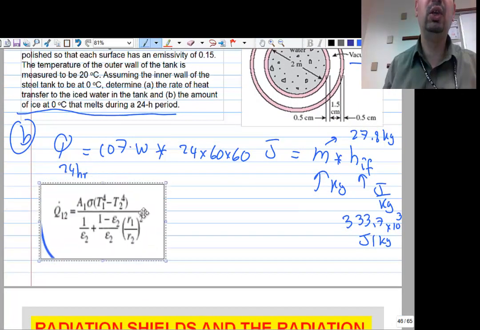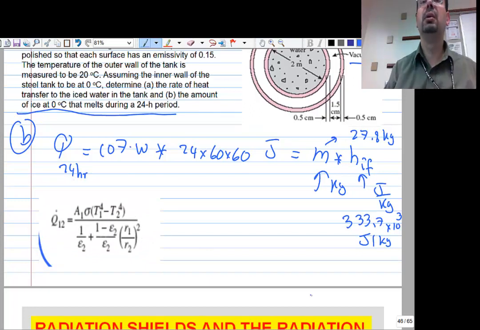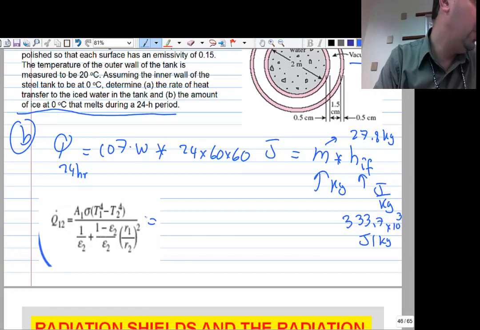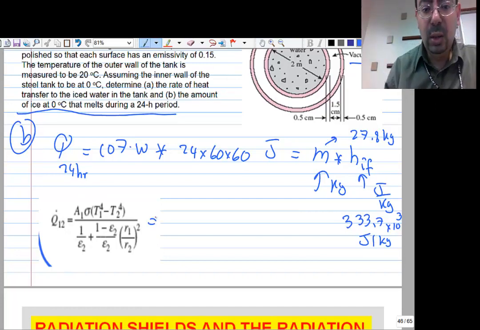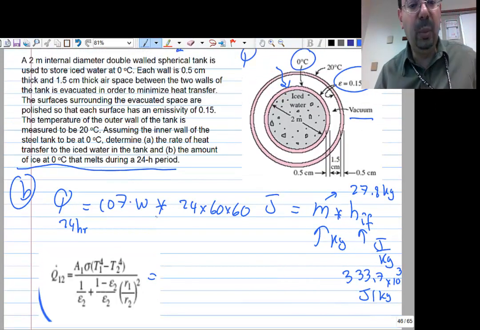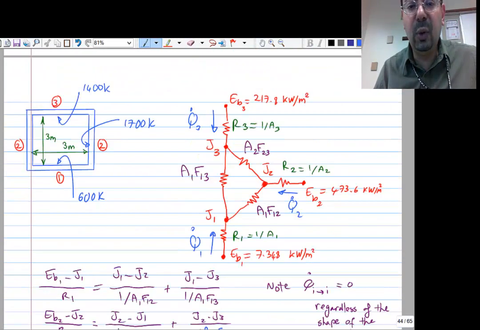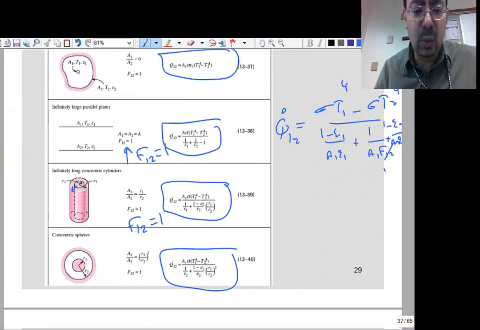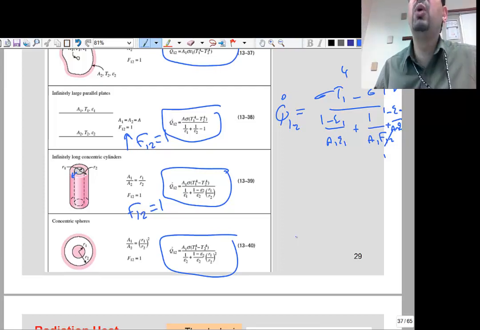and say my Q12 is area 1 times sigma times T1 to the power 4 minus T2 to the power 4. So you need to make sure what's epsilon 1 and what's epsilon 2, right? If you are using that formula, you have to go to the table and figure out whether he called the smaller one 1 or the bigger one. So the smaller is 1 and the bigger is 2, right?